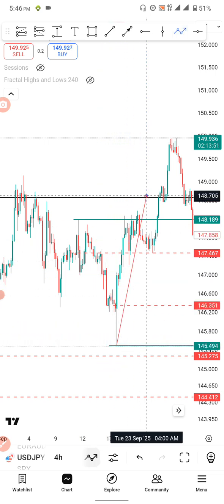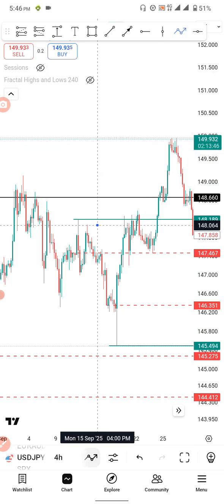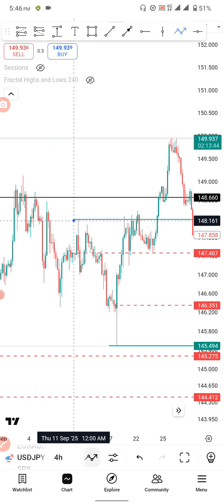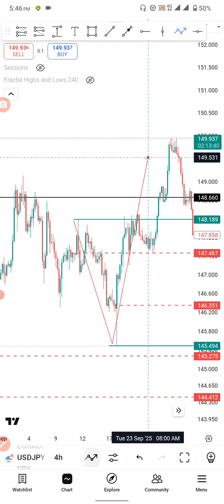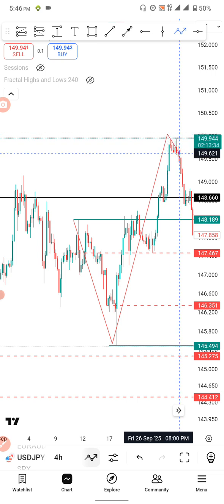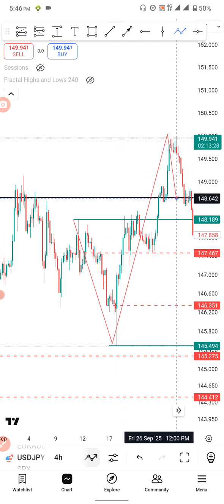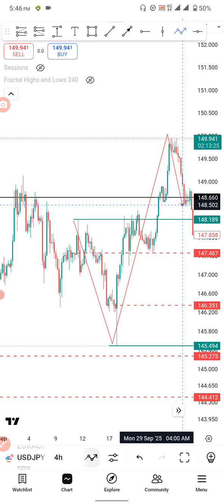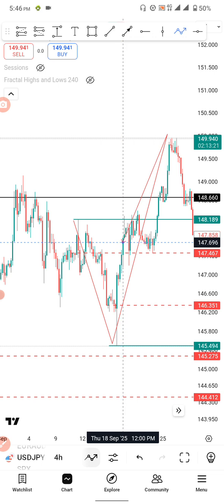That is the high. Let me do it properly to avoid confusing my people. This is the break of structure of daily. And if that is the break of structure of daily, we have to wait for H4 to break structure heading to the downside because of this daily going to the upside.